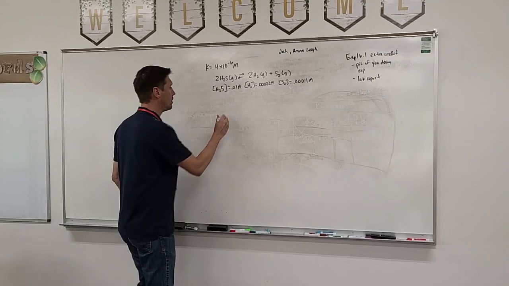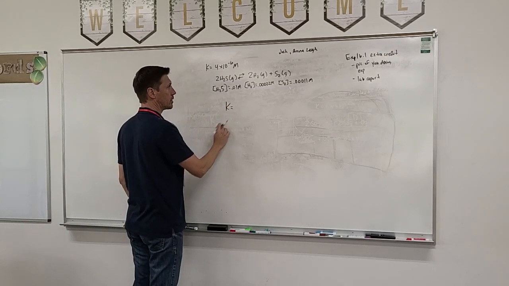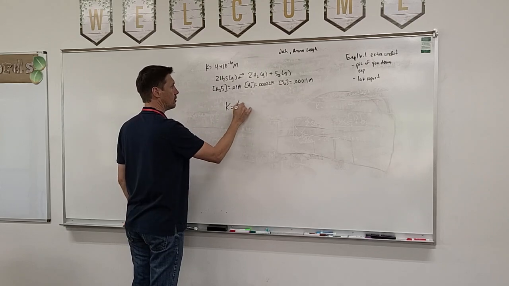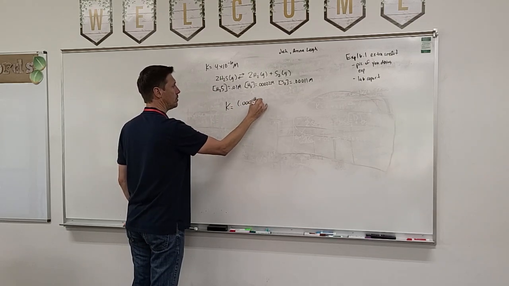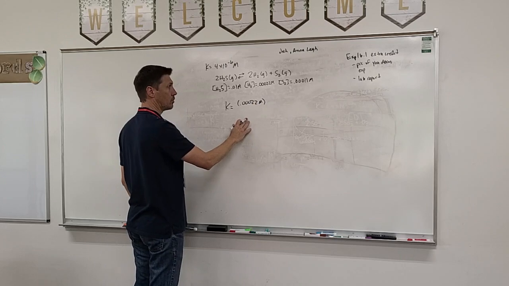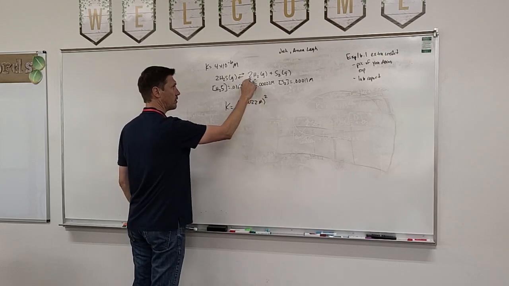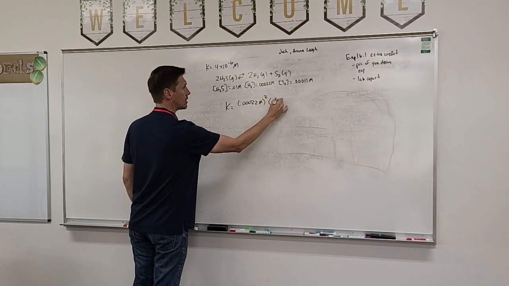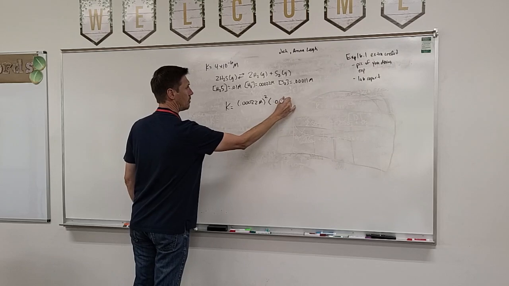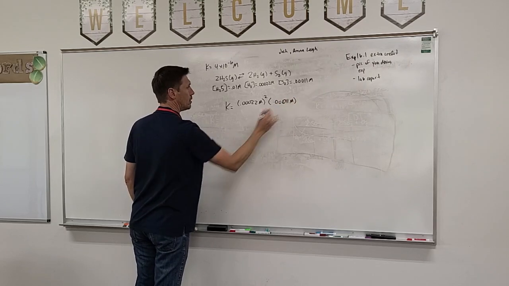So what we're going to do is take the concentration of the products, 0.00022, raised to what power? 2, right? It's got a 2 in front here, times this concentration of S2.